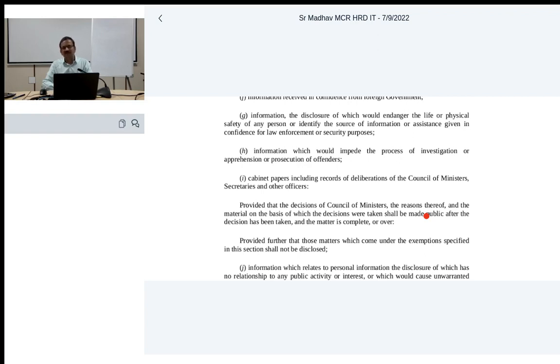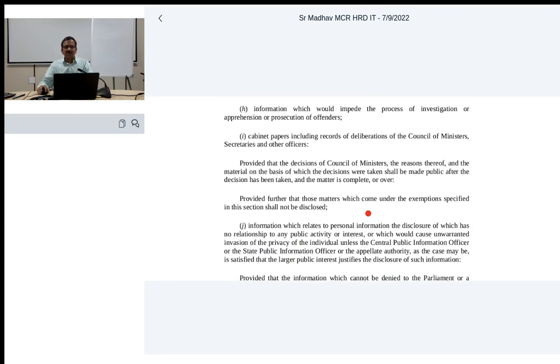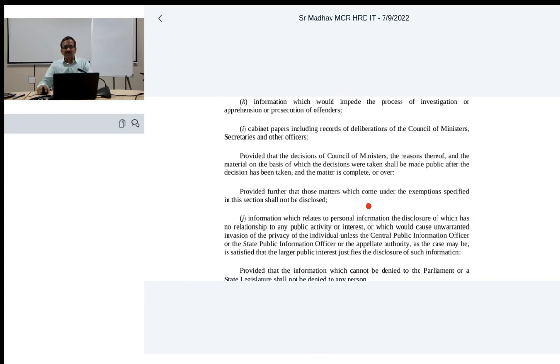So this is one kind of proactive disclosure, which you can find under the exemptions list, where the Act says once a decision is taken, the material on the basis of which a decision is taken should be made public. The word used here is shall. So it can be treated as a proactive disclosure mechanism as far as the cabinet papers are concerned.